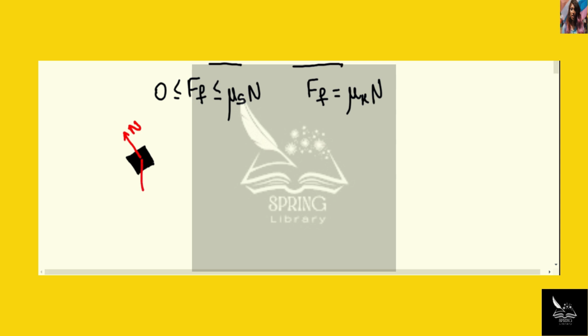Then we have the gravitational force. And since we want the spool not to slip downwards, then the friction force must be pointing in the other direction. And these are the forces that act on the spool. Now, I'm gonna define this angle theta here.